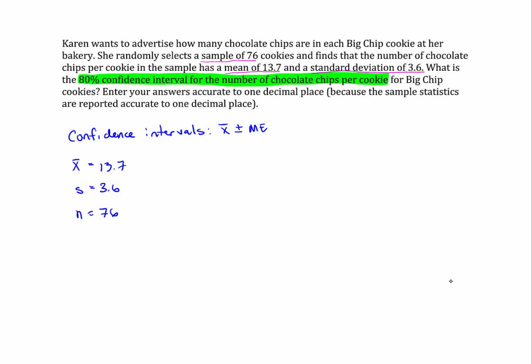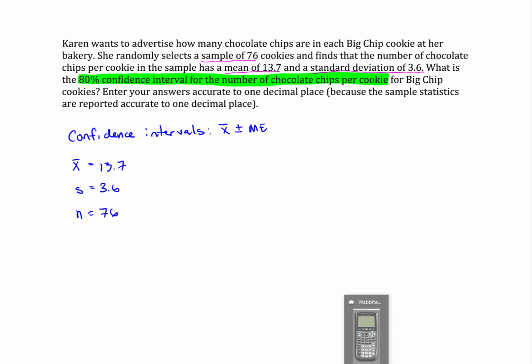Now, what we need to do is come up with the confidence interval. There are 2 different ways of effectively doing this. One is strictly using the calculator, and the other is using some formulas. Let me show you how the calculator works first, and then if you need the formula explanation, continue watching after that.